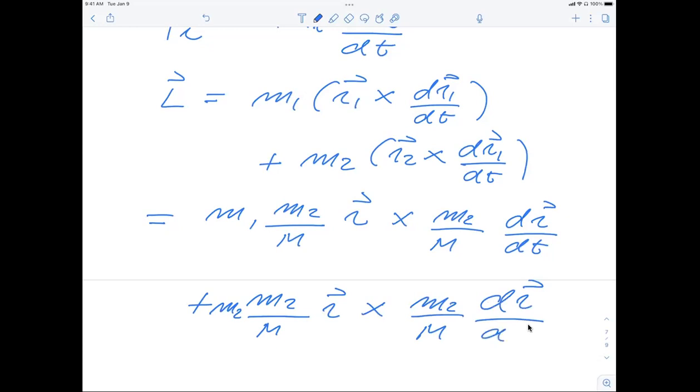This should actually be m1, sorry. I was a little bit too fast here.